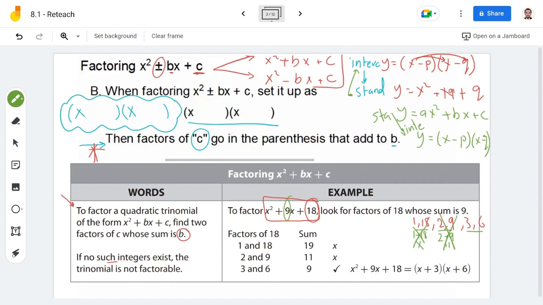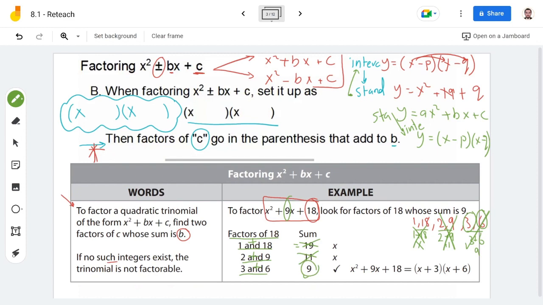Now 3 plus 6, is it equal to 9? Yes. So my factors are 3 and 6. Adding them: 1 plus 18 is 19, which is wrong. 2 plus 9 is 11, which is wrong. 3 plus 6 is equal to 9, so this one is my answer.